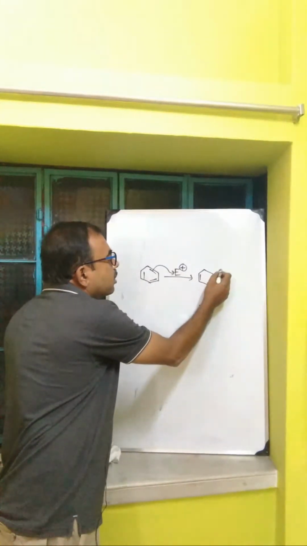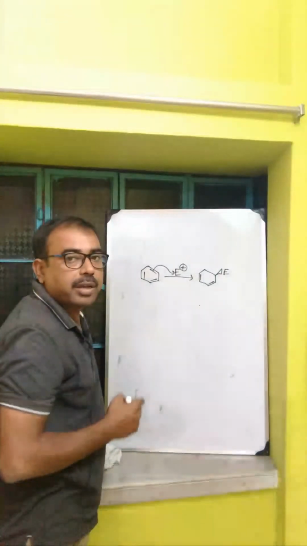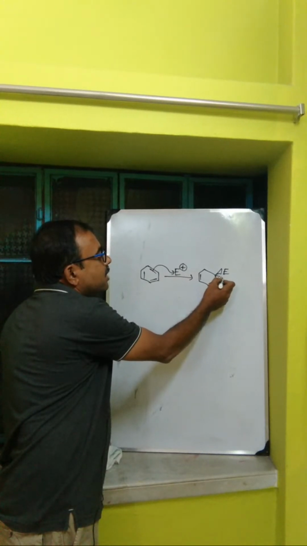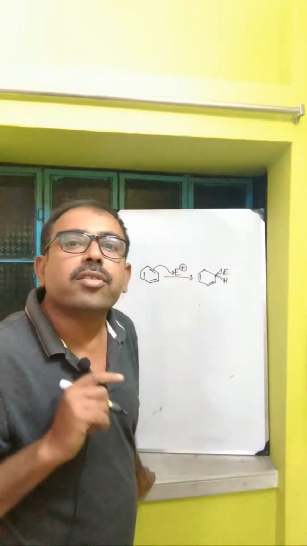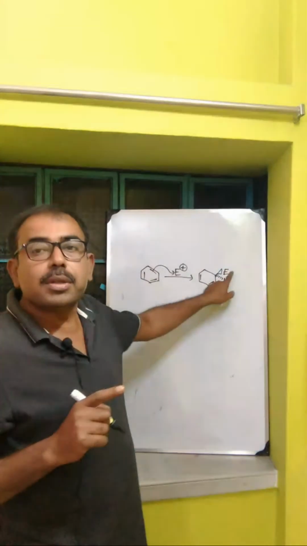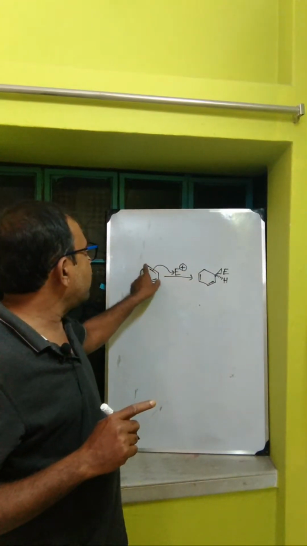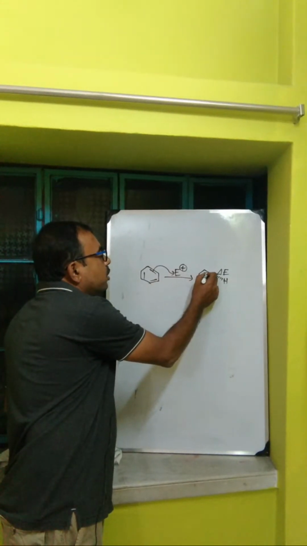So the electrophile goes above the plane. If the two groups, hydrogen and the electrophile, are present in the same plane, there must be some steric hindrance. Now to avoid the steric hindrance, one goes above the plane and the other goes below the plane. Now the bond breaks from this carbon atom, therefore it must contain a positive charge.